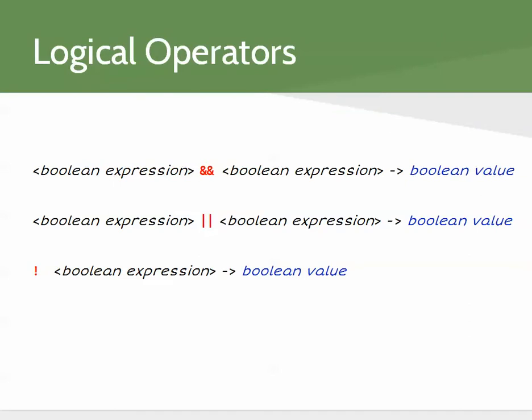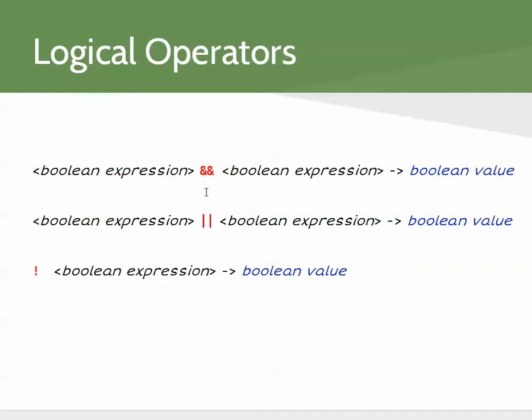We know that a Boolean expression can be anything that resolves to true or false. A Boolean expression could be 3 less than 4, which resolves to true. It could be 8 is equal to 9, which of course will be false. Or it could just be a Boolean variable that is true or false.